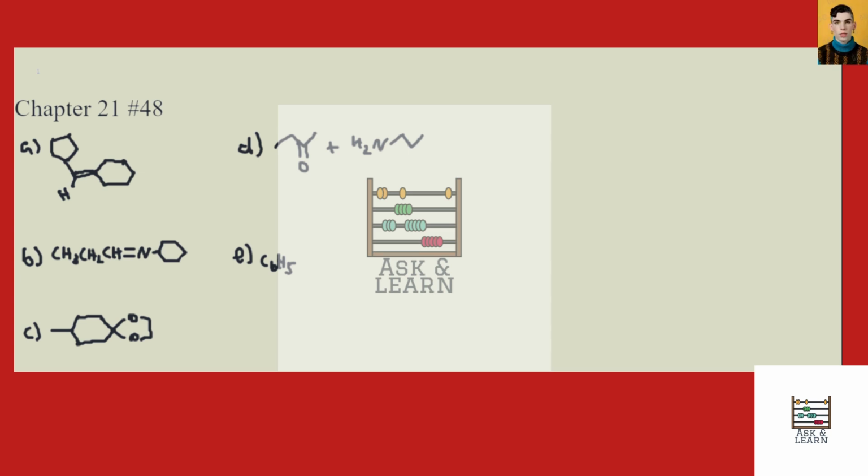So our enamine formation is going to look like this, with a double bond here, and our 5-membered N-containing heterocycle up here at the top. We should note this could be E or Z, so we'll get E and Z for the stereochemistry around that double bond. But there's our enamine for E.